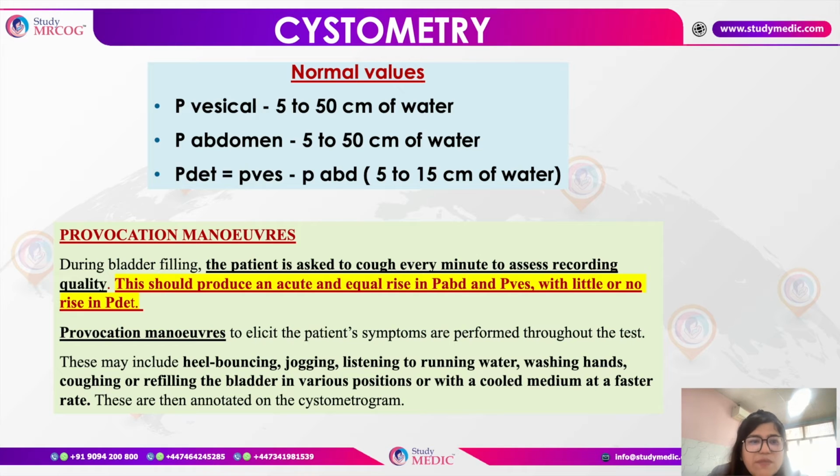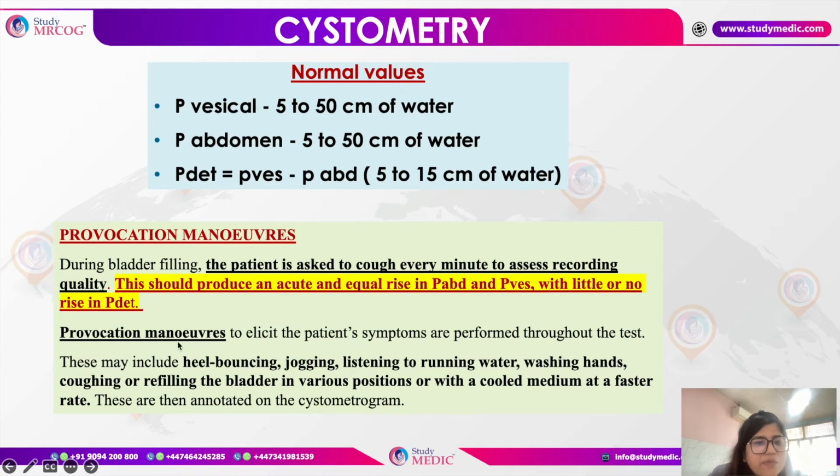During the bladder filling phase, the patient is asked to cough every minute to assess recording quality. This should produce an acute and equal rise in P abdominal and P vesical, but no change in P detrusor pressure, and hence there is no leakage.